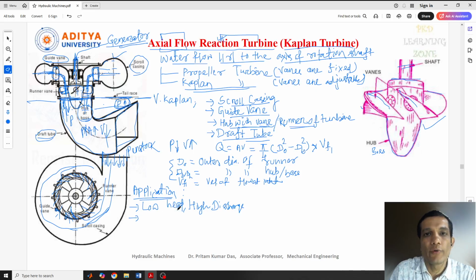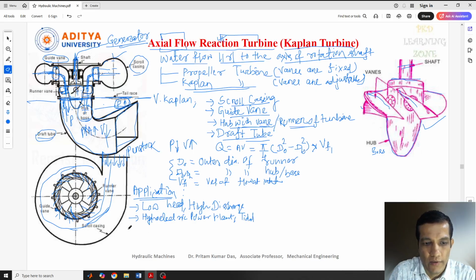This can also be listed among the advantages. Along with that, this can be used for the hydroelectric power plant, and also for the tidal hydroelectric power plant or tidal power plant.